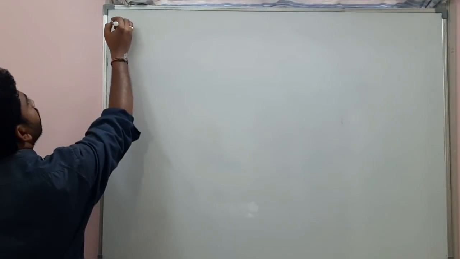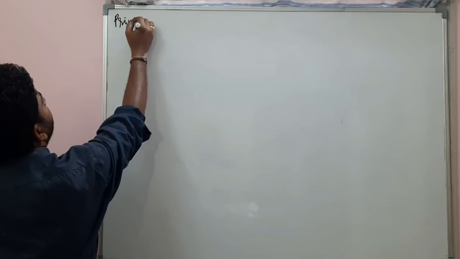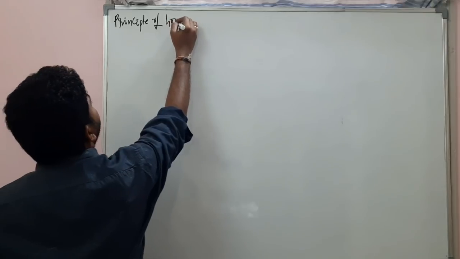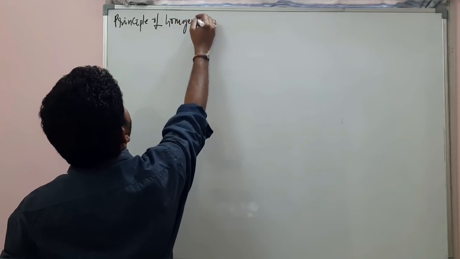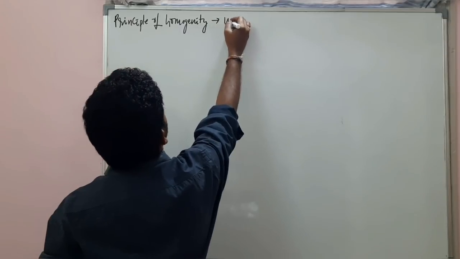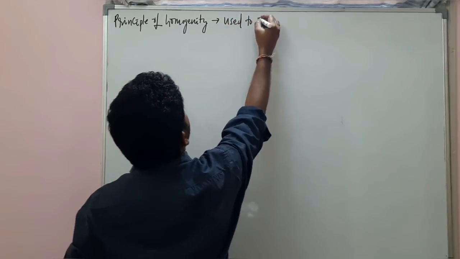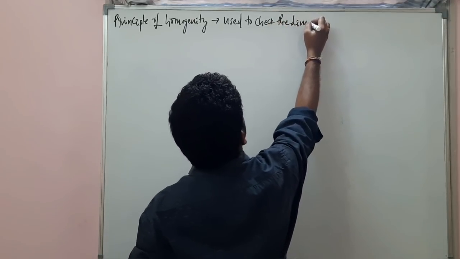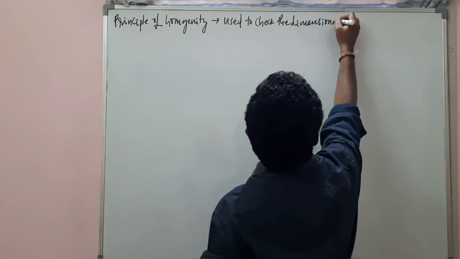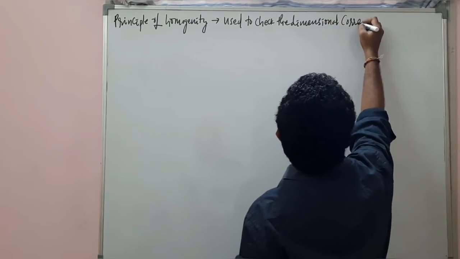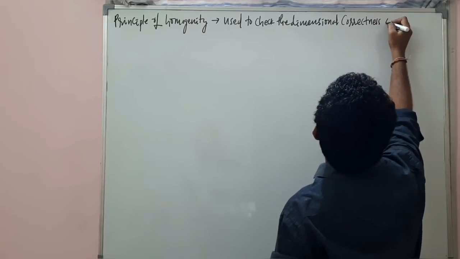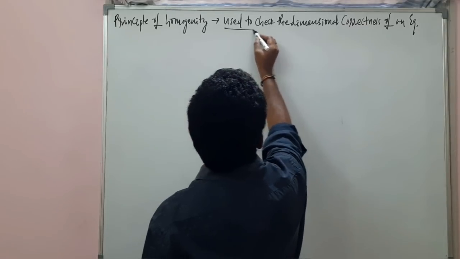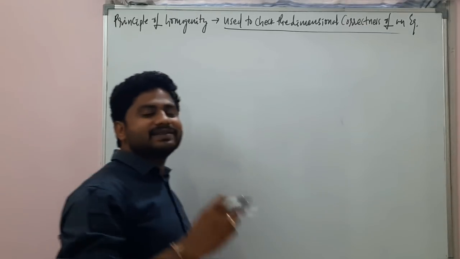Look here. The principle of homogeneity is used to check the dimensional correctness of an equation. It is used to check the dimensional correctness of an equation.